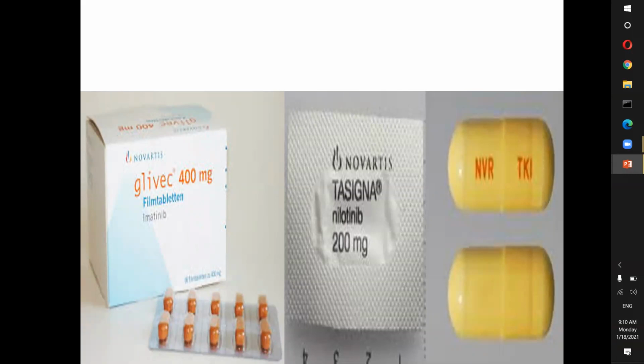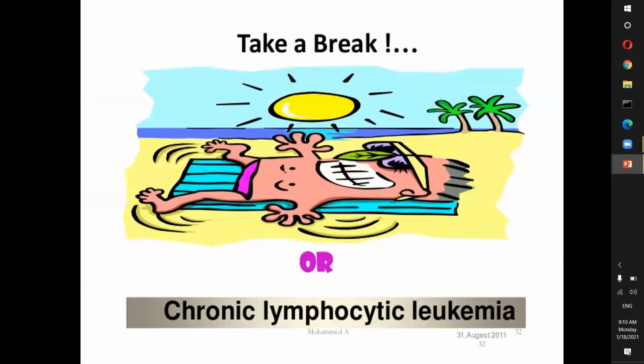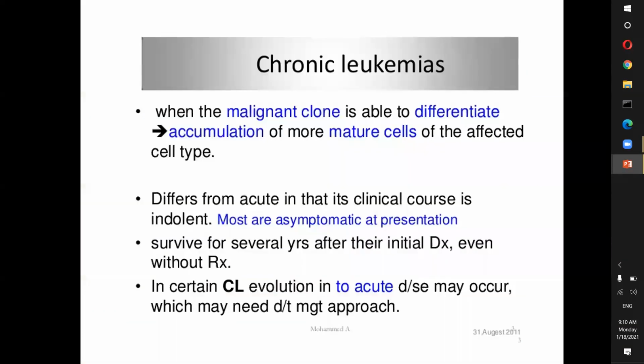What is left from chronic leukemia? We already took the chronic leukemia. We will take only an overview of chronic leukemia, when the malignant clone is able to differentiate, but it accumulates after differentiation. Our problem in acute leukemia was the failure of maturation and accumulation of immature primitive cells.